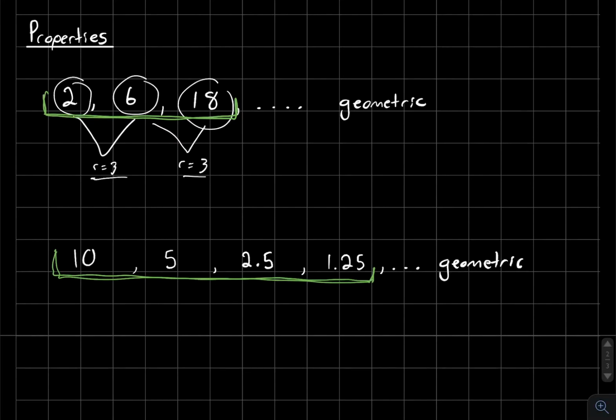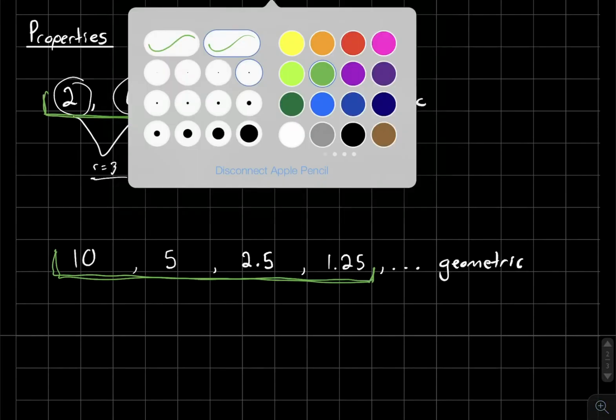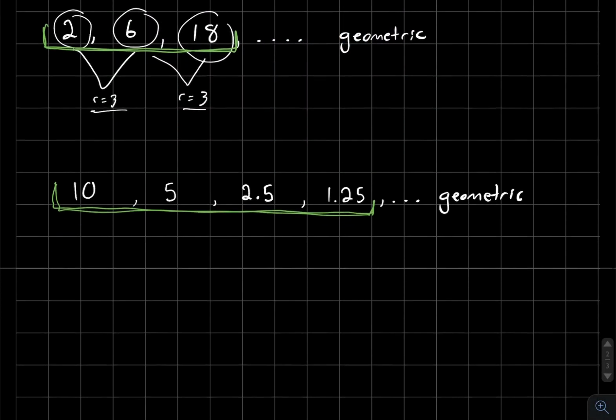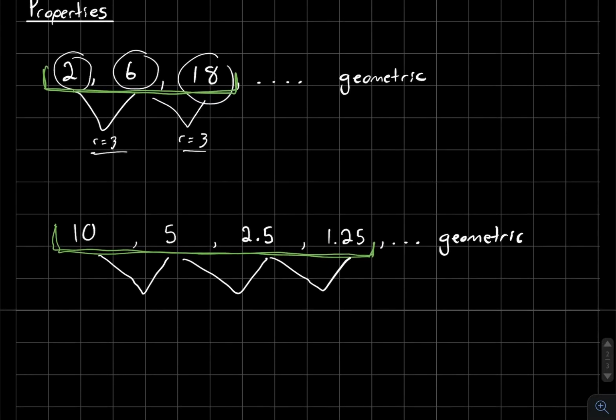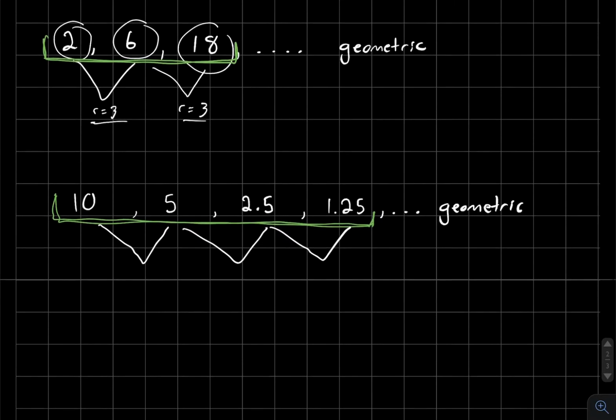So why do we think the second one is decreasing? The way we can look into that is to find the common ratio of the second one and see how it differs from the common ratio of the first. Maybe that will give us an idea of why this one is decreasing.